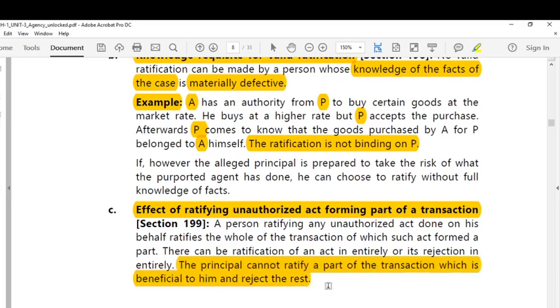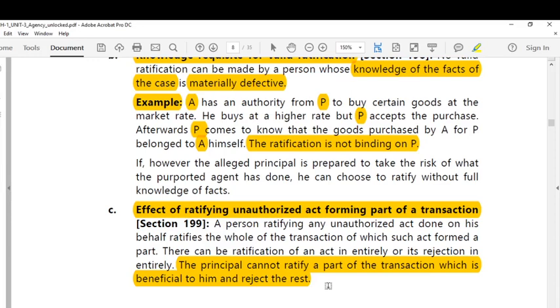If in part of a transaction the agent has authority and in the other part he does not, however the transaction is completed, in all such cases the principal can either ratify the transaction or reject it, but he cannot ratify a certain part of a particular transaction, right?